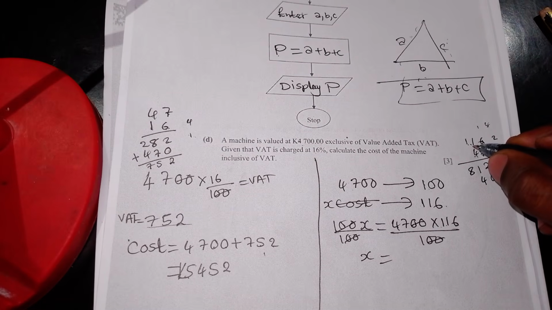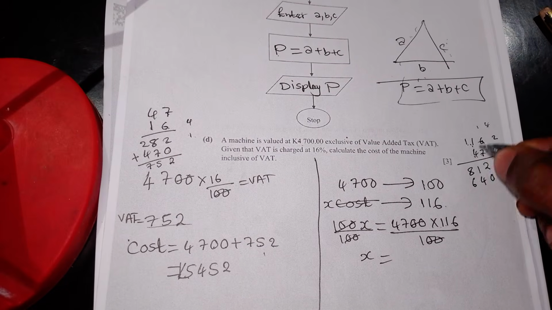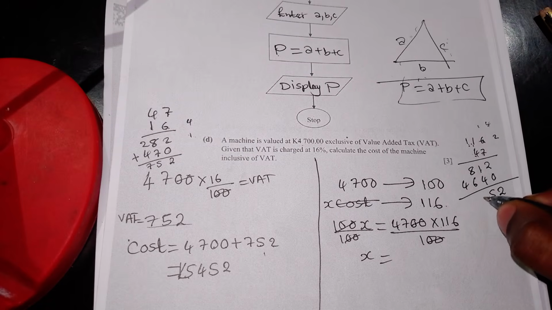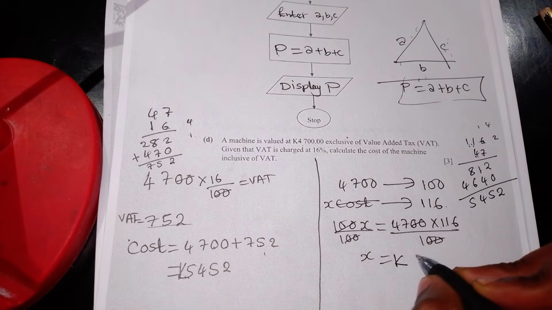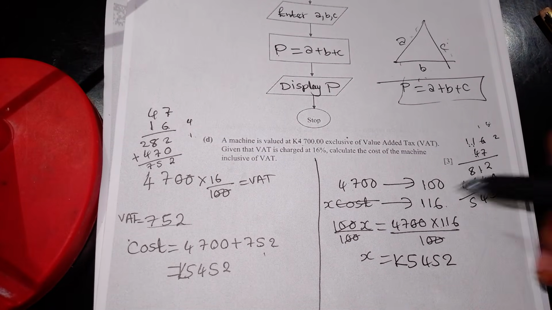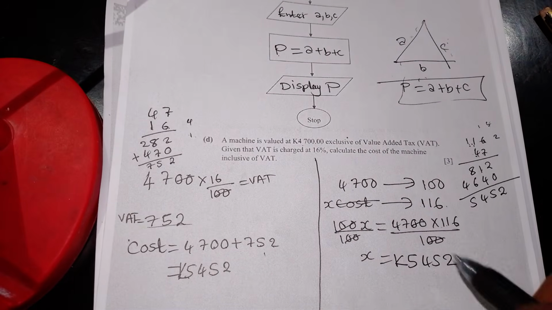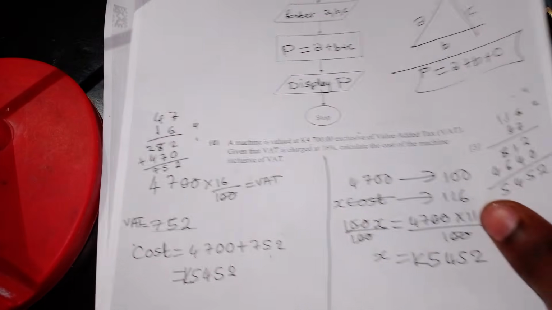And then 4 by 1, that's a 4 plus 2, we have a 6. 4 by 1, we have a 4. Then this would be 2, this would be 5, this would be 4, and this would be 5. So this is an alternative method. This works best when you have something like inclusive of, but in a case like this, it's better to use this. And then we move on to question 2.